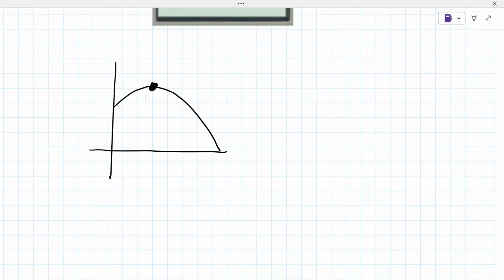And I'd still do the left bound, right bound, and the maximum is 535. Or, well, you want the x and y coordinates for it, correct? So that'd be 24.45 for x, comma, 535.57 for y.